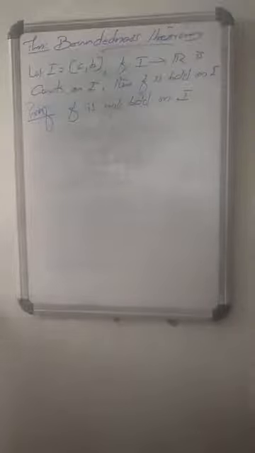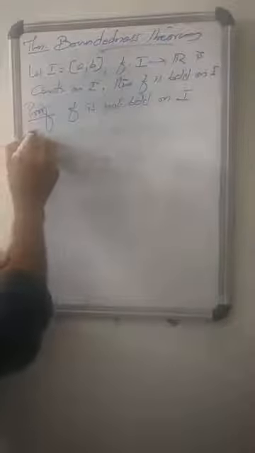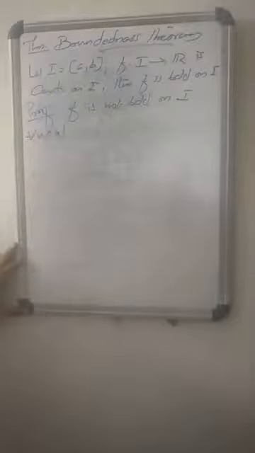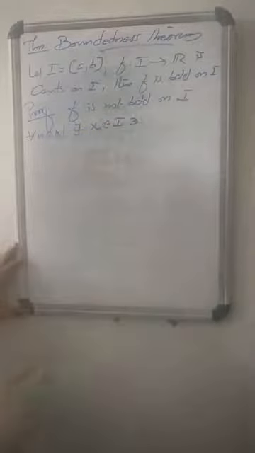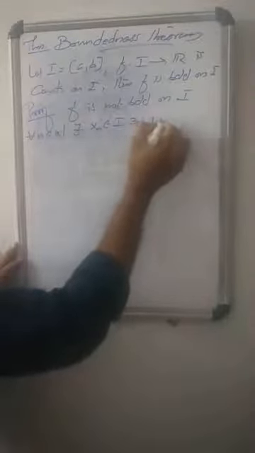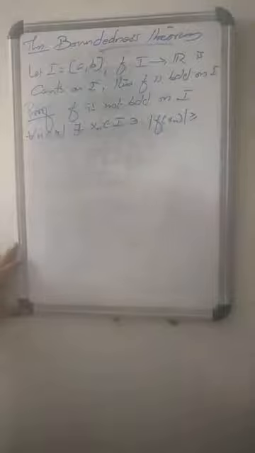So f is not bounded on I means for all natural numbers n, there exists x_n in I such that the modulus of f of x_n is greater than n.